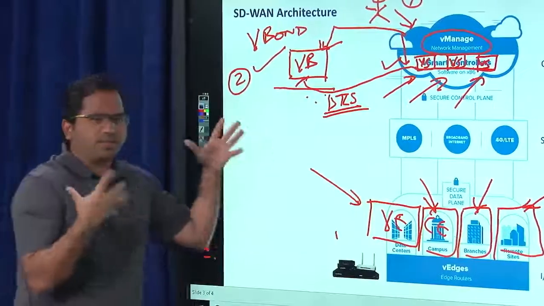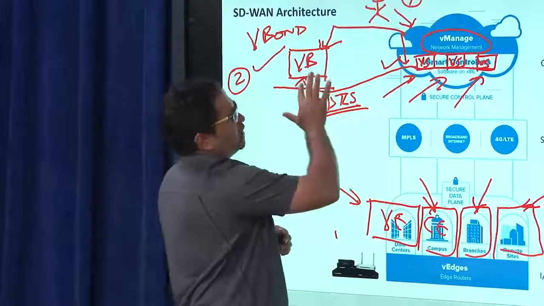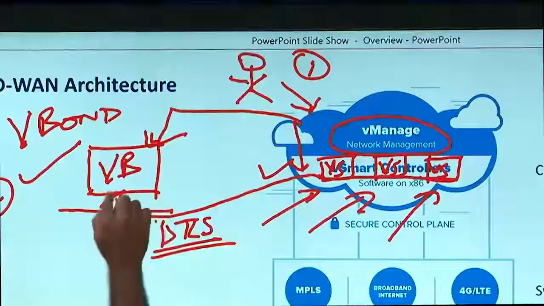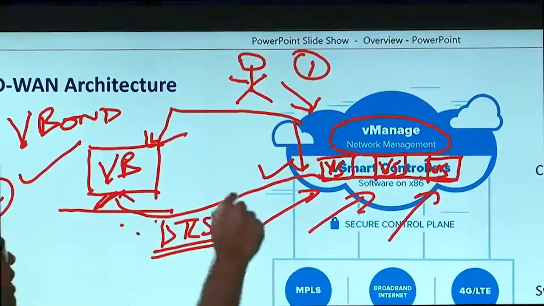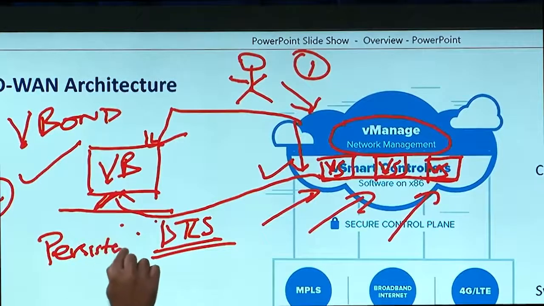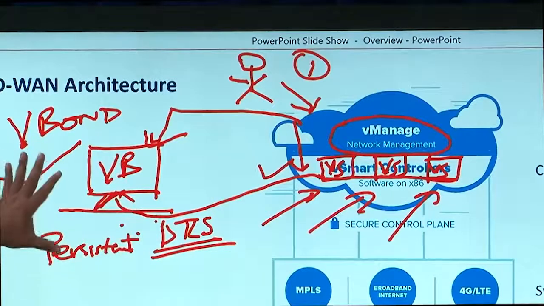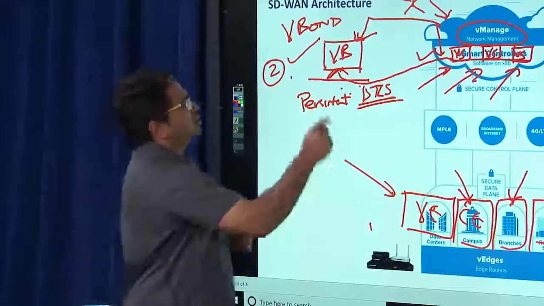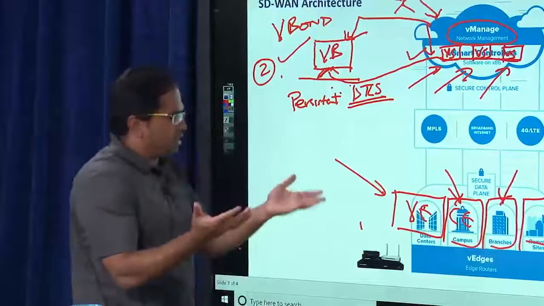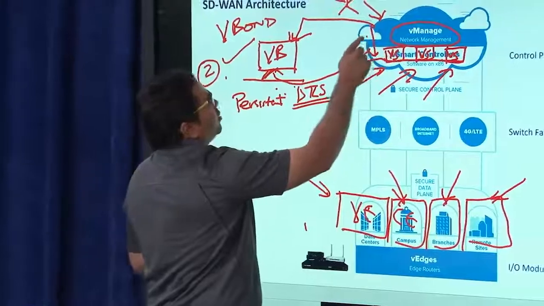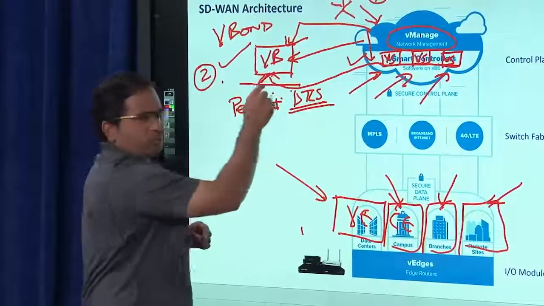I won't delve into the details of the protocol itself, but there's a secure control plane channel that's established between the controller and the vBond. This connection is the only persistent connection to the vBond. Everything else, every other connection to the vBond is ephemeral. Why is this persistent? You'll see it's pretty logical. So what you have is the controllers and the NMS having this persistent connection to the vBond.